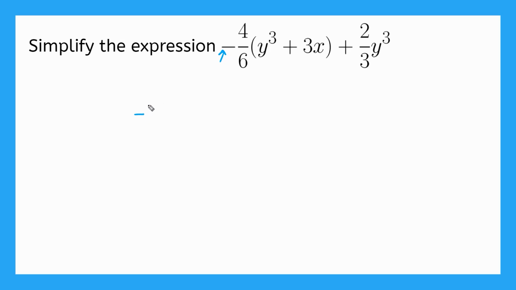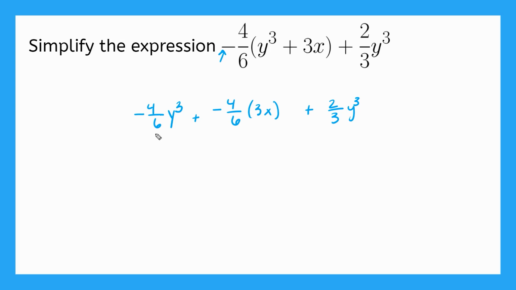So let's go ahead and do it. We will get negative 4/6 times y to the third power plus negative 4/6 times 3x, and then we still have plus 2/3 y cubed, or y to the 3. So before we go any farther, let's take a second and see if we can simplify any of these fractions. We have rational coefficients in all of our terms.